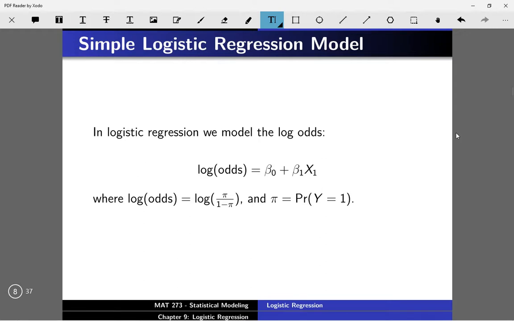Okay. And notice, this is our assumed theoretical regression model here, and we do not have an error term. We only have the residuals or error term in multiple linear regression when we're assuming normal errors. But here for logistic regression, we don't have this error term.